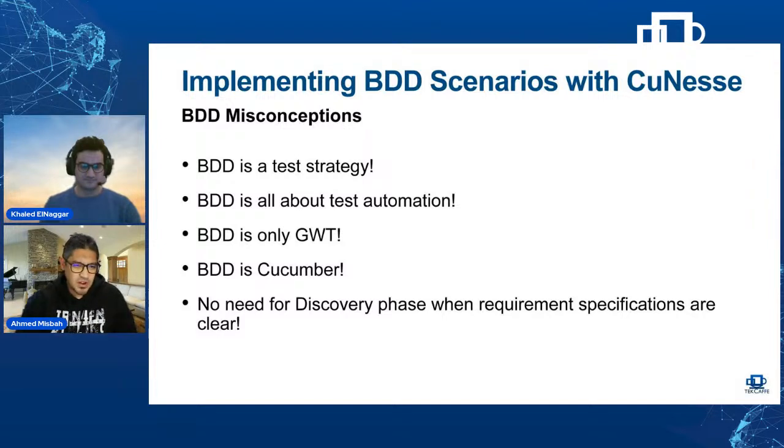That's a very big misconception. No, BDD is not only when you use given, when, then to describe your test scenarios. It's actually much more than that. GWT is only a tool that you use in BDD for writing your executable specs, but it's just a tool, and BDD is much more than that.